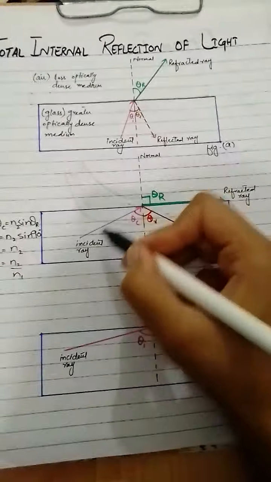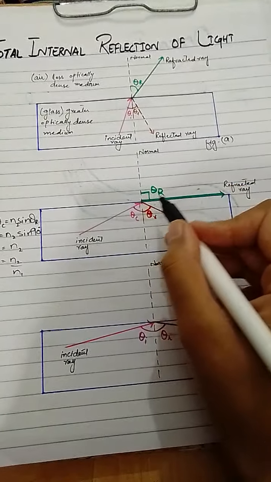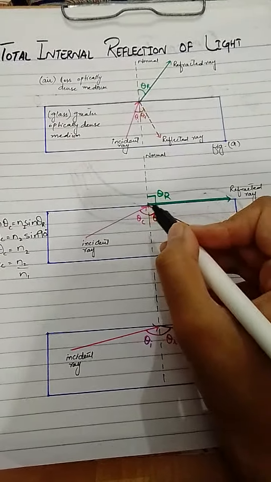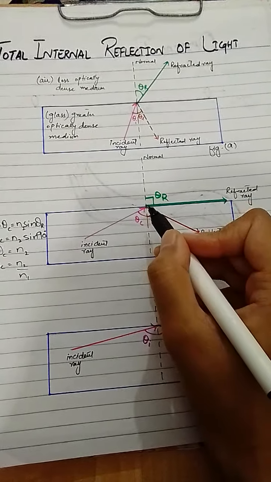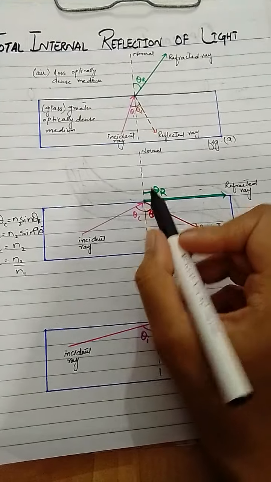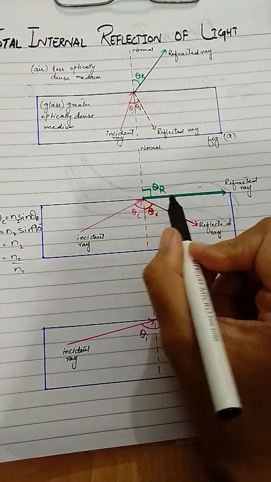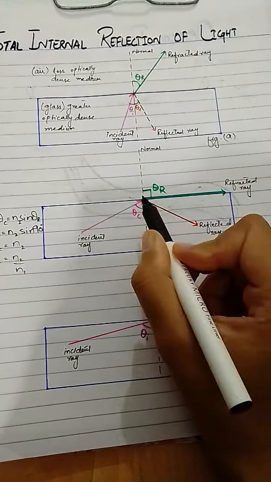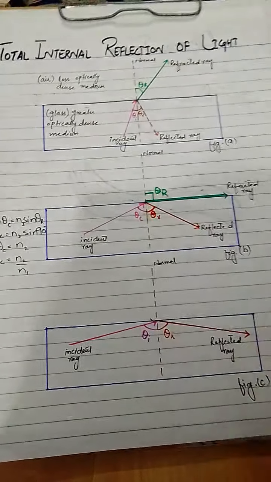You can see here, this is the incident ray, this is the refracted ray, which is 90 degrees to the normal. Okay, and this ray would travel on the surface of the medium.